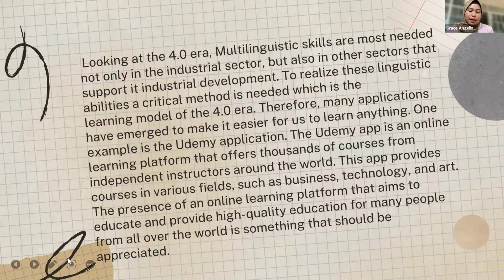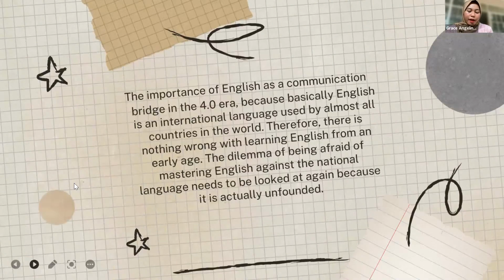Therefore, there is nothing wrong with learning English from an early age. The dilemma of being afraid of mastering English against the national language is the next thing to be looked at. Okay, that's it about my presentation today.